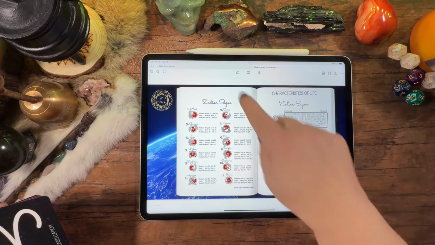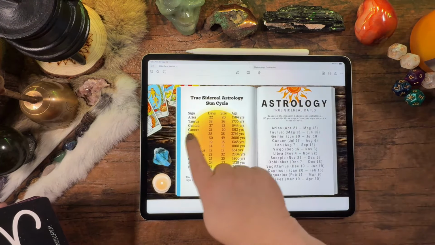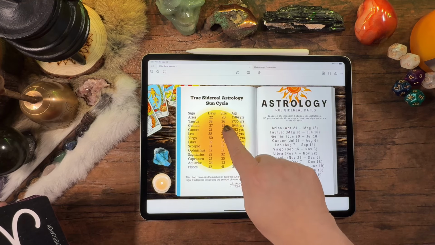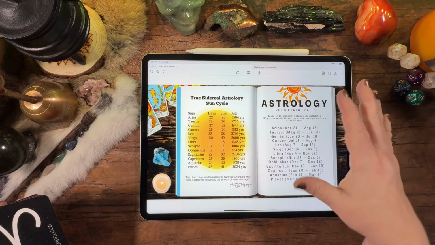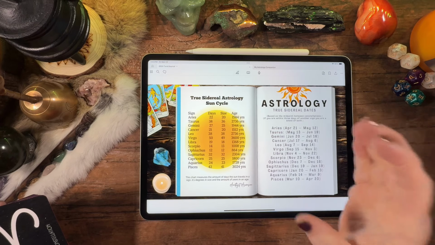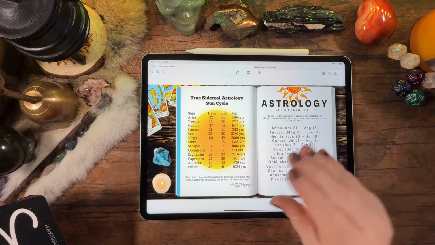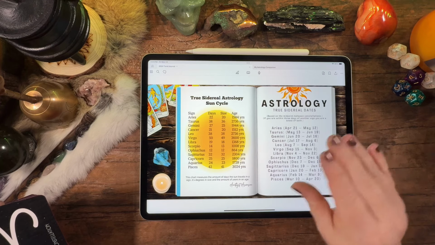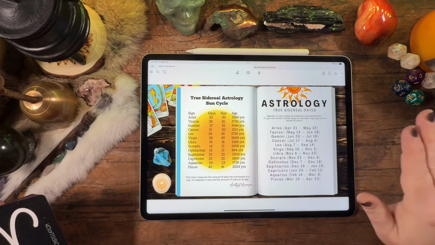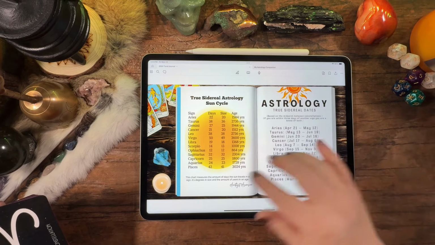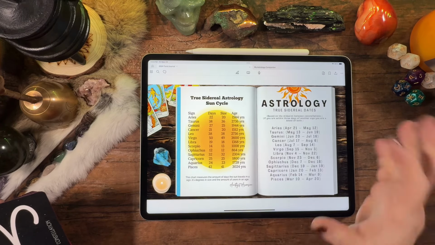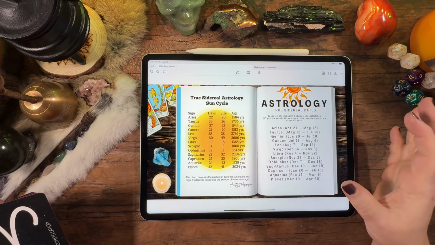So, on the chart, let me just show you this right quick. Aries is roughly 20 degrees in size, not 30 degrees in size. So the sun is roughly in Aries, or in between it, because there's another zodiac sign there. But I've not even gotten into that area, so we're not even going to talk about that. We're going to just say it's in Aries for roughly 22 days, okay?